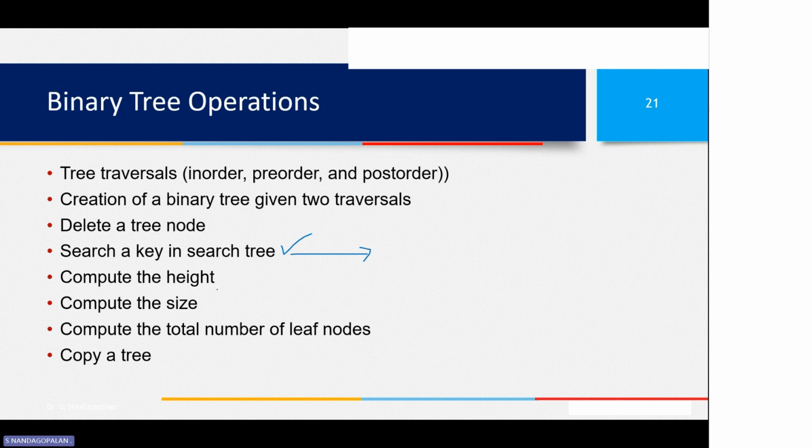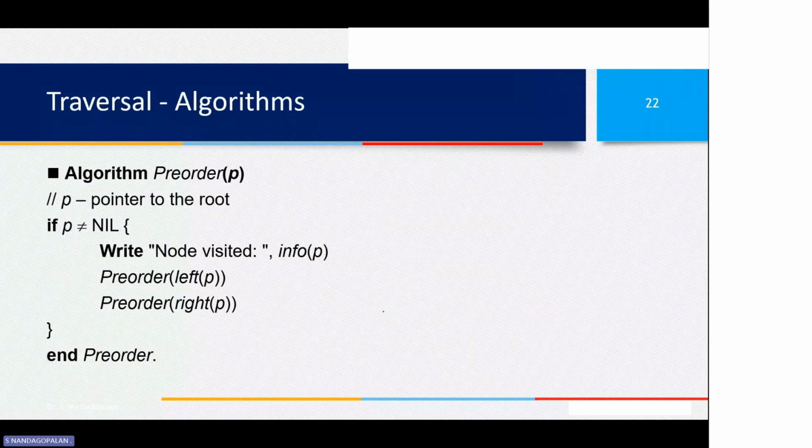Then compute the height, size, total number of leaf nodes, total number of internal nodes, copy or replica, all that. The simplest one is the recursive algorithm for traversal, starting with pre-order.